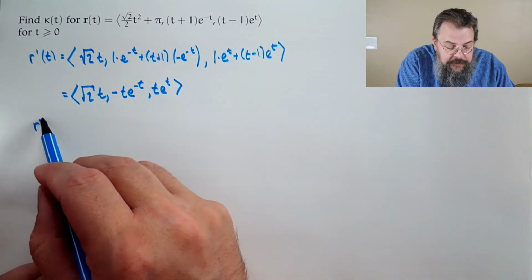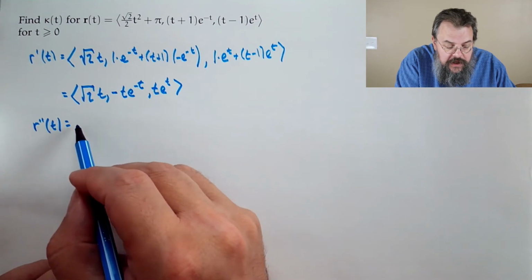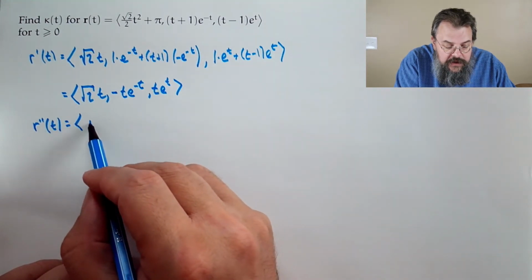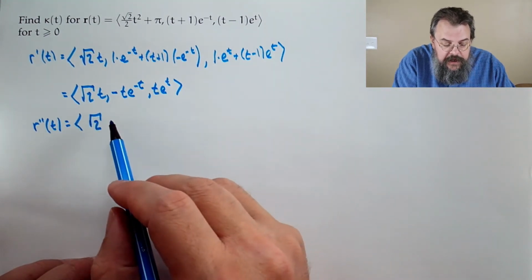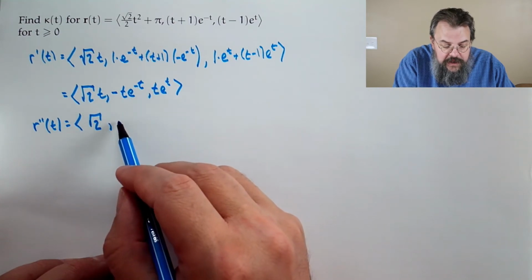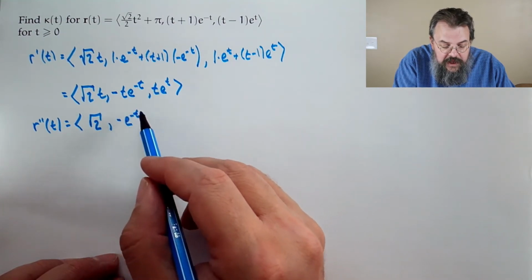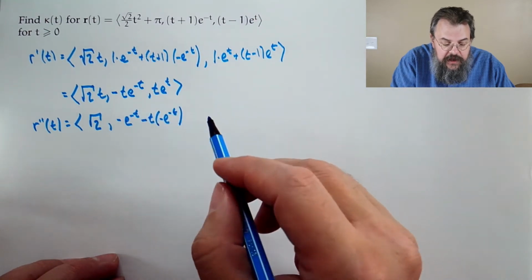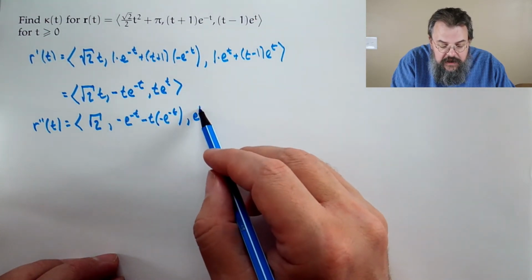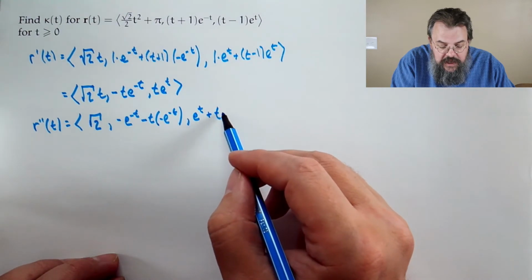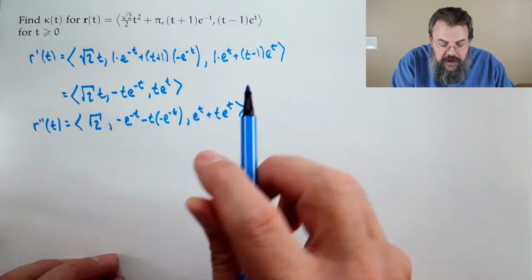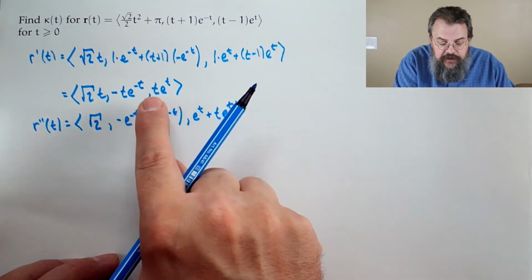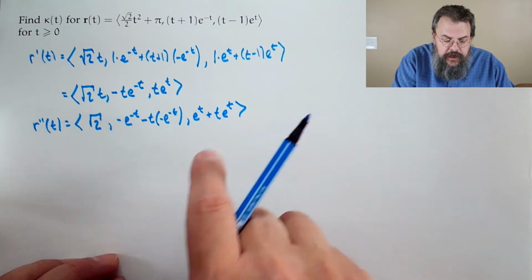What's r double prime? Well, that would be square root of 2. And then here, product rule again. So you get minus e to the minus t minus t times minus e to the minus t. And then we get e to the t plus t times e to the t. Derivative of the first times the second plus the first times the derivative of the second.